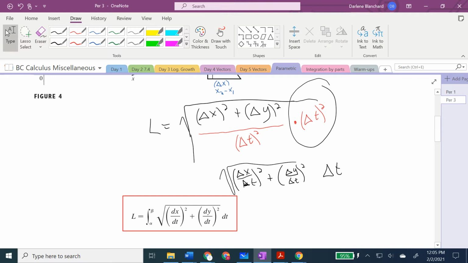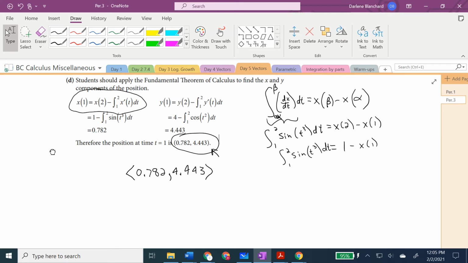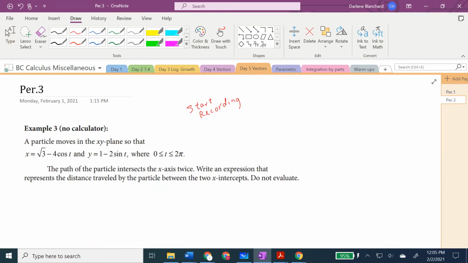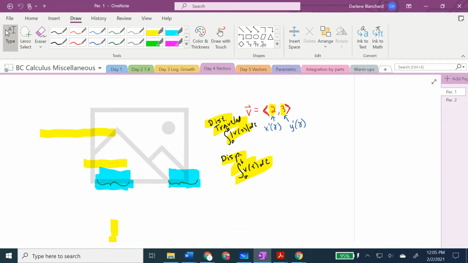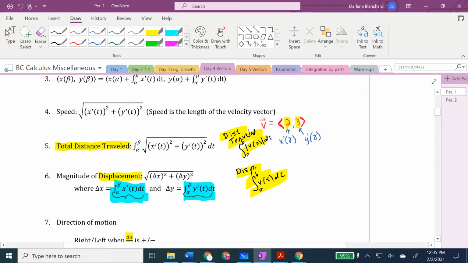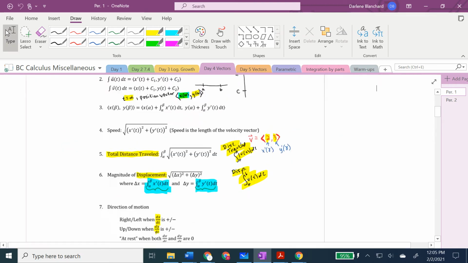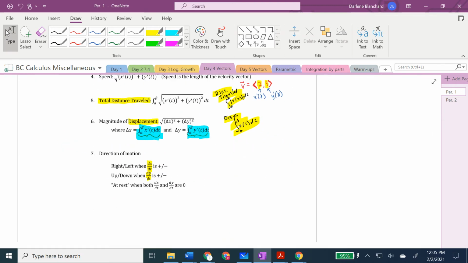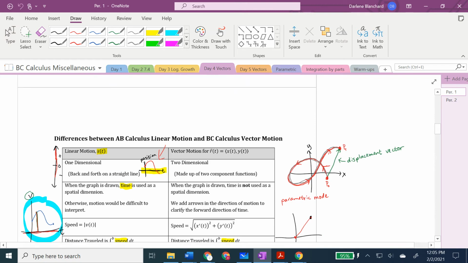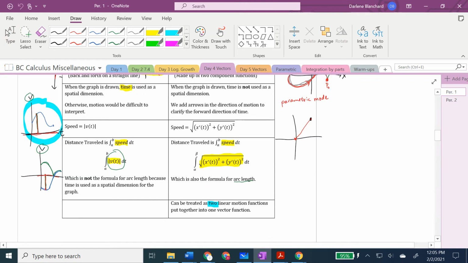So now I want you to take a moment to think about how distance traveled and arc length are one and the same if you are dealing with vectors or parametric equations. The notes from yesterday, I want to refer you to.